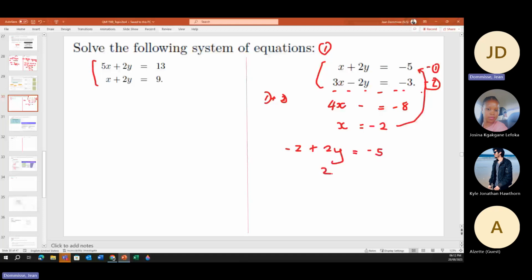So 2y is equal to, and that goes over to there, minus 3. So y is equal to minus 3 over 2. And again, it can be minus 3 over 2, or it can be minus 1½. So that is again two ways it can be in the final answer. That was one way of doing it.